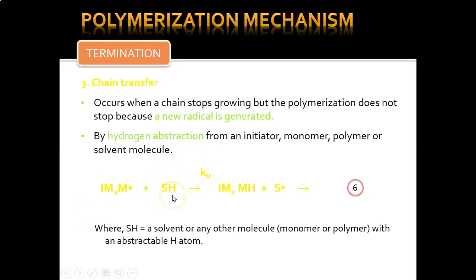So you need to use the chain transfer. So it will produce a propagated polymer together with the hydrogen abstraction. Or SH, we call it SH here, is the solvent or any other molecule with an abstractable hydrogen atom.